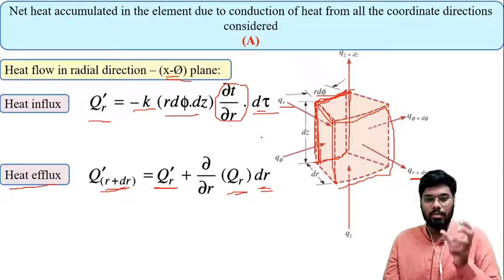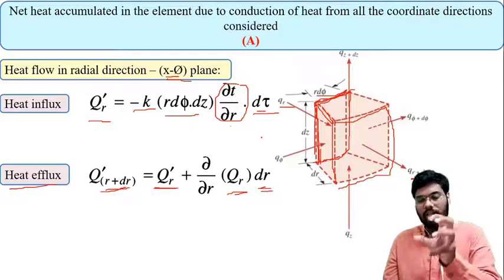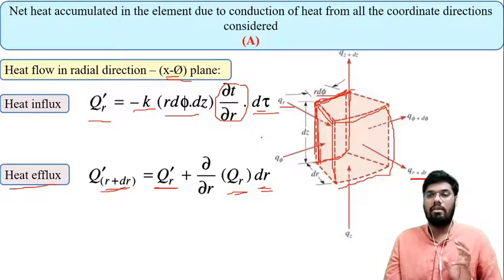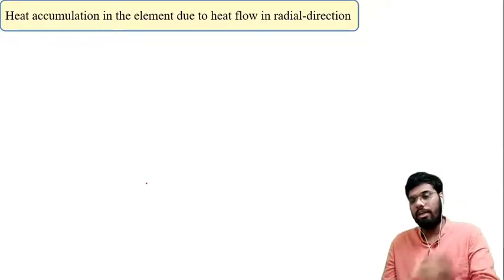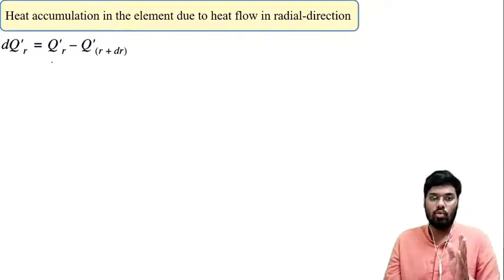So what would be the heat stored in the element in that time d tau? It is qr minus qr plus dr.